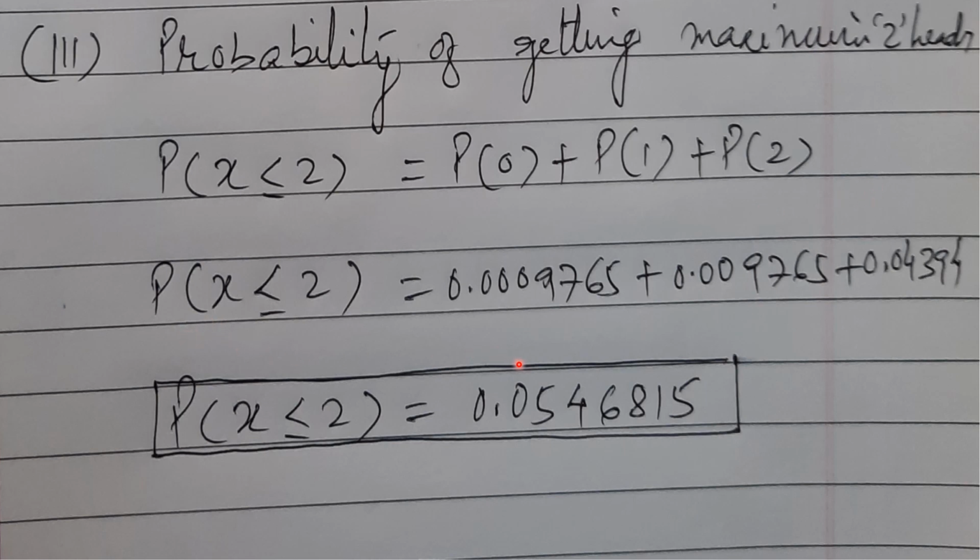By applying binomial distribution, we can calculate these. As we have calculated these values in the previous part, we will put these values in this part directly. And we will get the probability of getting maximum 2 heads as 0.0546815.